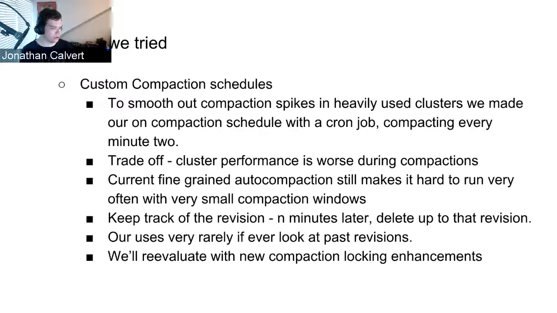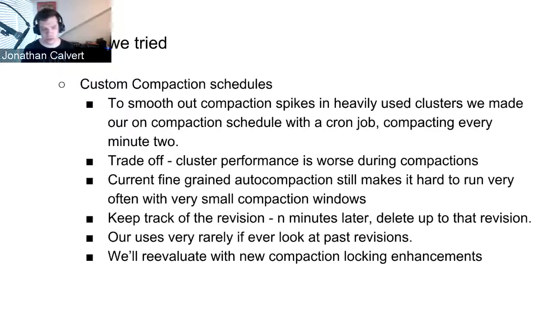There are still a lot of the new auto compaction options that were released in 3.3, but we had a little bit of trouble trying to tune that to get something along the lines of what we were expecting. It's a little bit interesting for us because we very rarely need to look at the past state or the previous value.